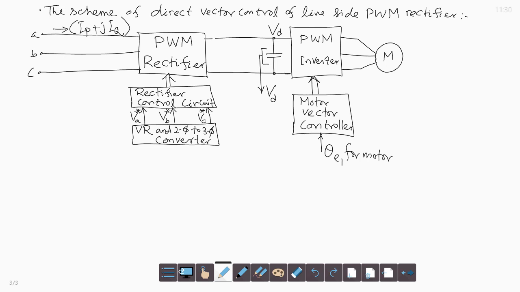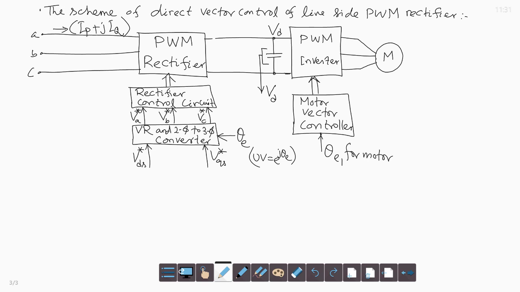And this vector rotation requires the angle theta E, that is corresponding to unit vector, which is e to the power j theta E. So vector rotator generates the 3-phase command voltages from VDS star and VQS star. Using the angle theta E, it generates VA star, VB star, VC star.